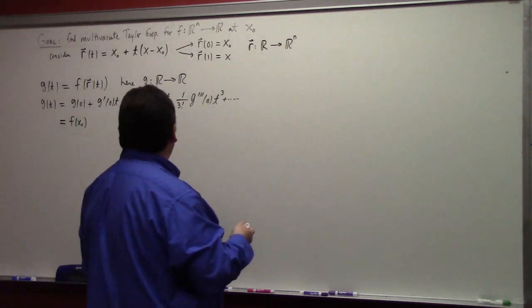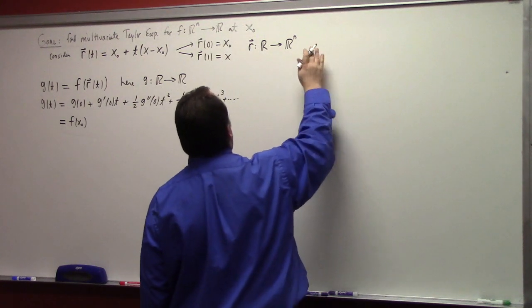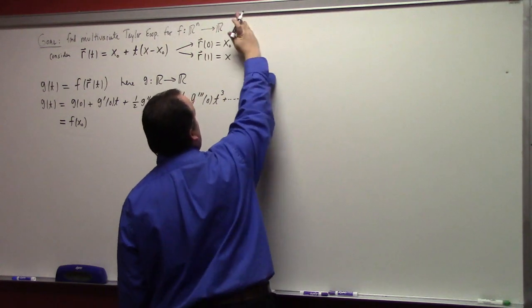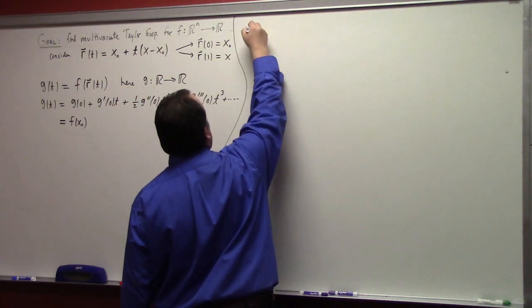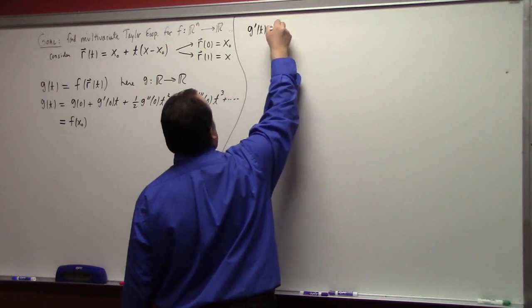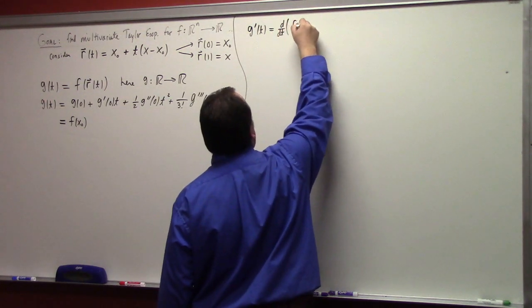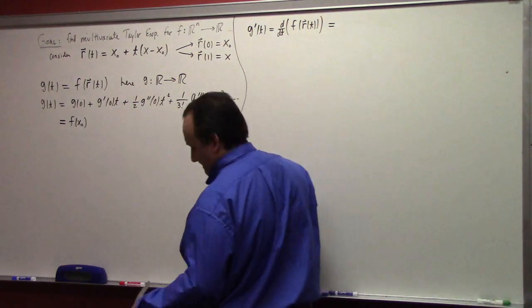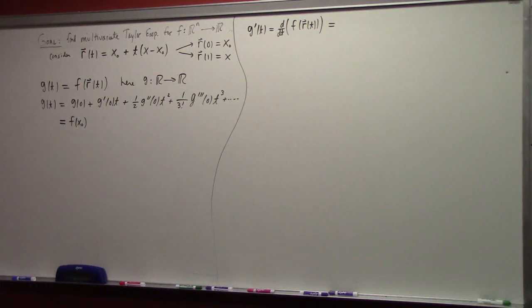All right? So what is g prime of t? And I'm going to just erase that here, make myself some room. So g prime of t is d dt of f of r of t. Now, do you remember what the chain rule is here? f prime of r. Right.